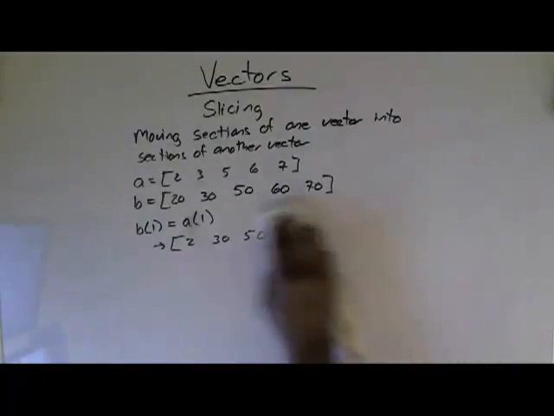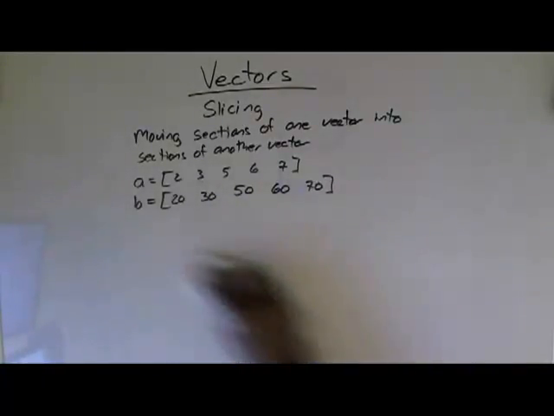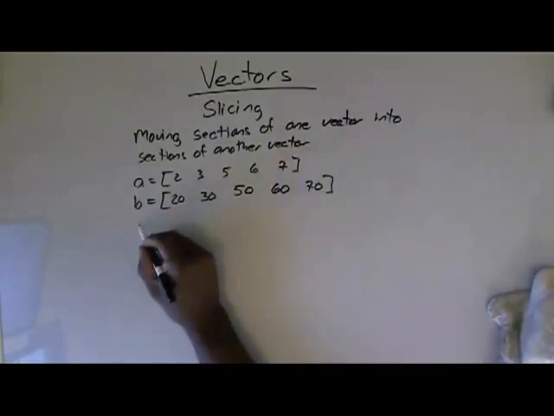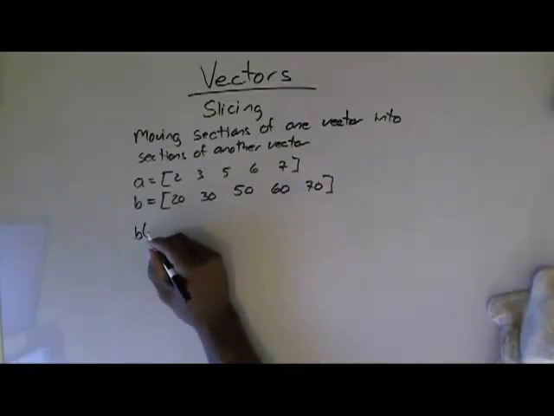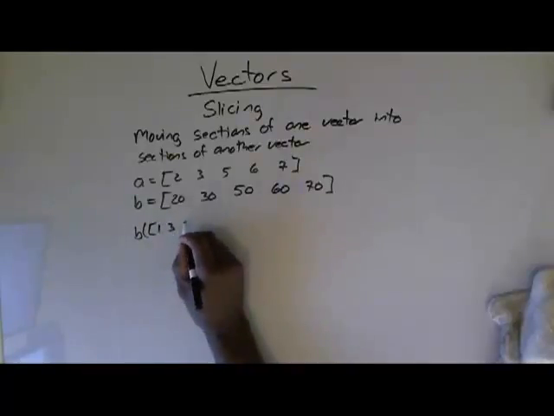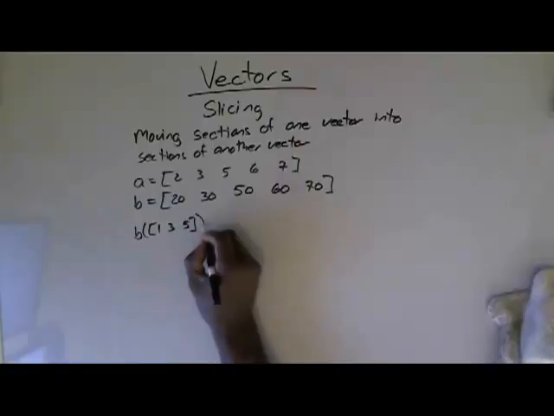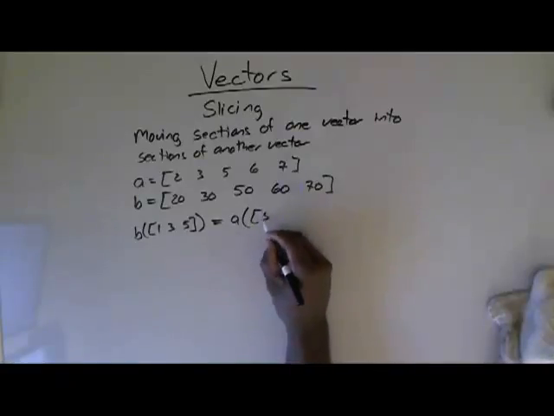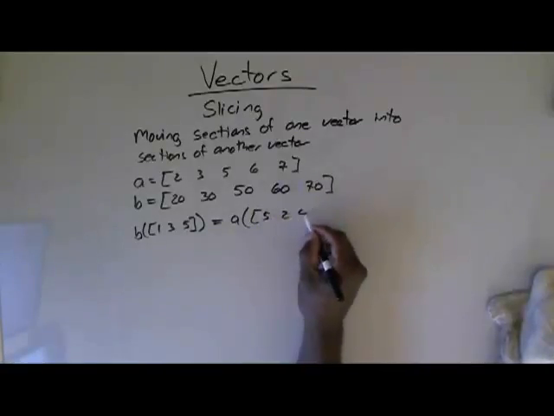Alright, let me erase that. I can do B indexed at 1, 3, 5 gets A indexed at 5, 2, 4.